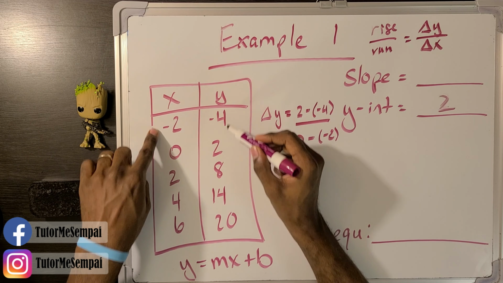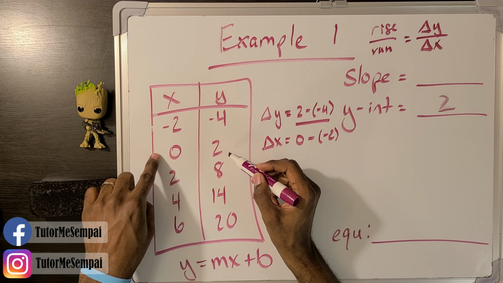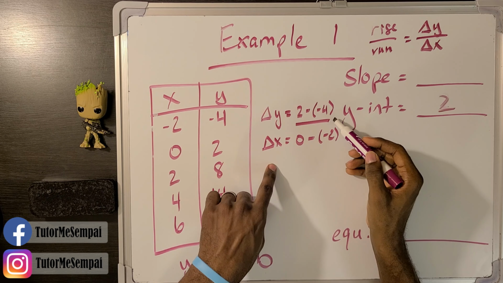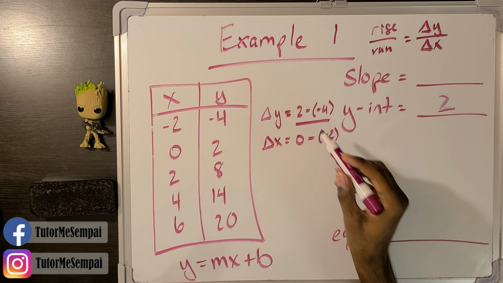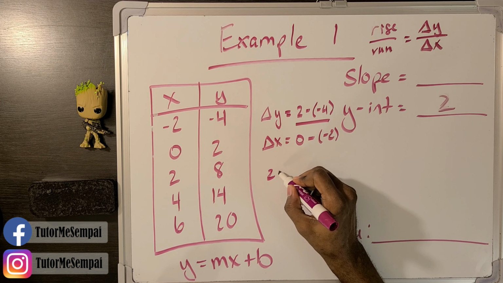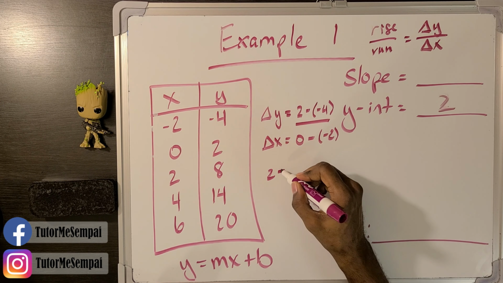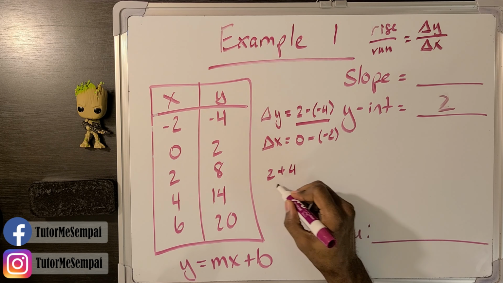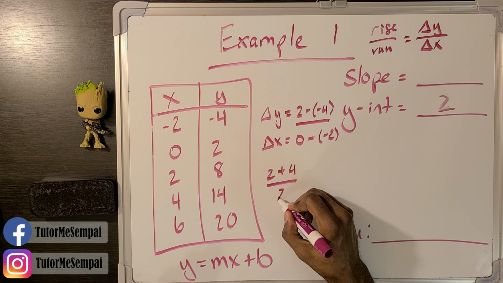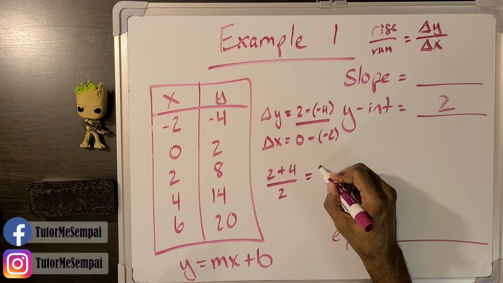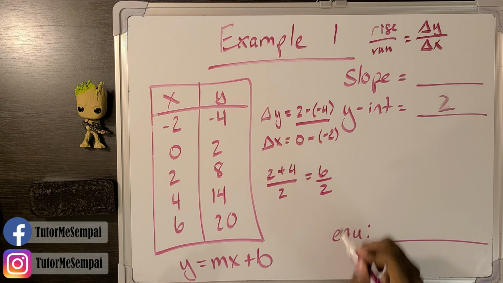So if you're starting here and you're going here, so going more positive on the x-axis, this is going to be your change in y over change in x. Now we're going to simplify this. This is just going to be 2 minus a minus gives us a plus 4 over 0 minus a minus is going to give us a plus 2, which equals 6 over 2.